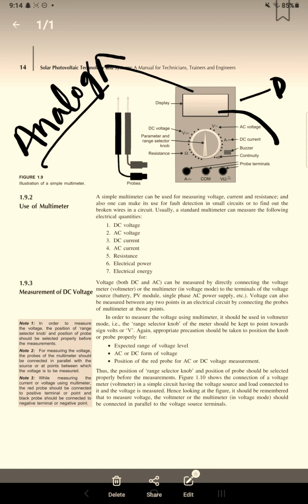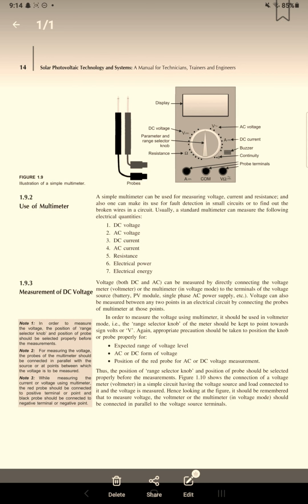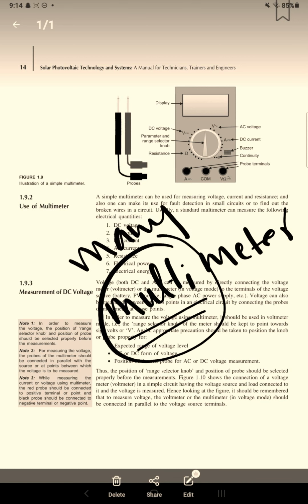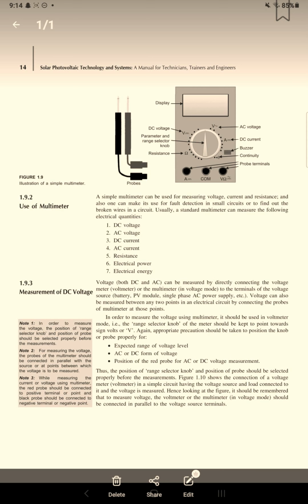Now, if we say meter, there is another word in front of it, multi. What does multi mean? Multi means many. Why many? It can measure DC voltage, AC voltage, DC current, AC current, resistance, electric power, and electric energy.